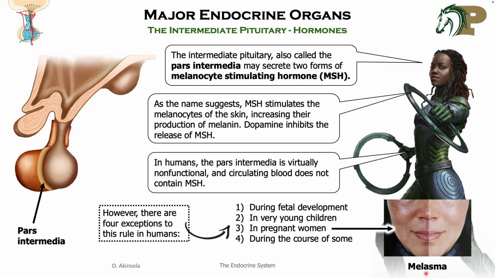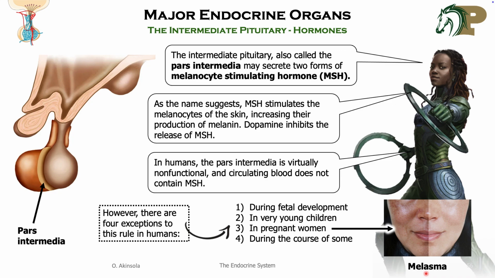It is not uncommon for pregnant women to have a dark coloration in their face due to the increased melanin production. Of course, you're not going to see that in darker skinned individuals, but it occurs nonetheless. So that's melasma, or the mask of pregnancy.